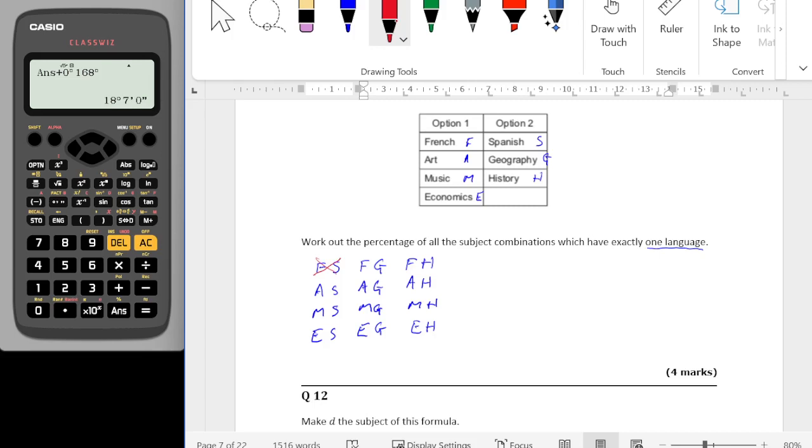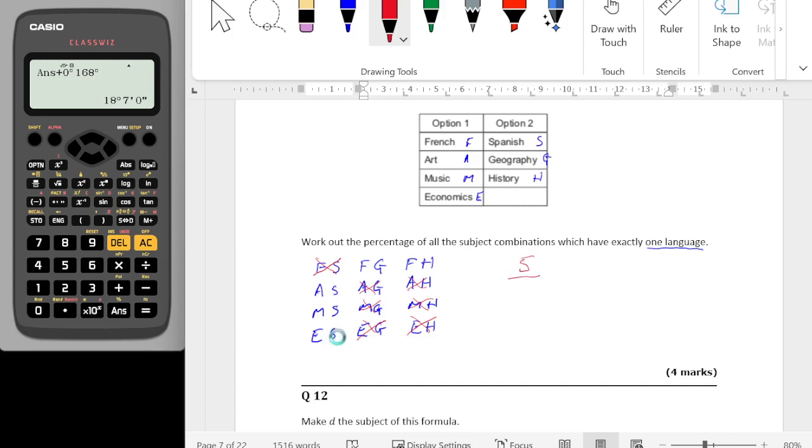All of this column have exactly one language, and then, no, sorry. So these ones don't have one language, and then these ones don't have one language. Just double checking in my head, Spanish, Spanish, Spanish, French, French. So those are my combinations. So I've got 1, 2, 3, 4, 5 out of the number of combinations.